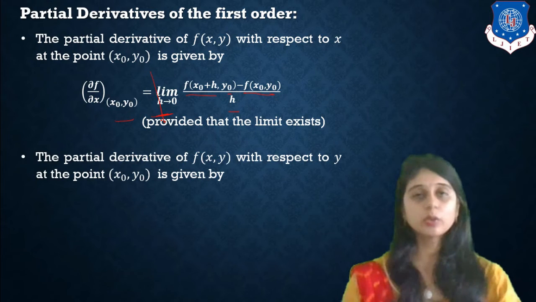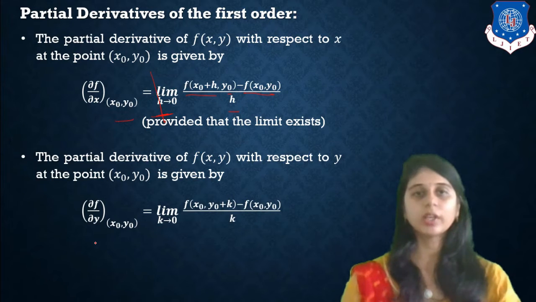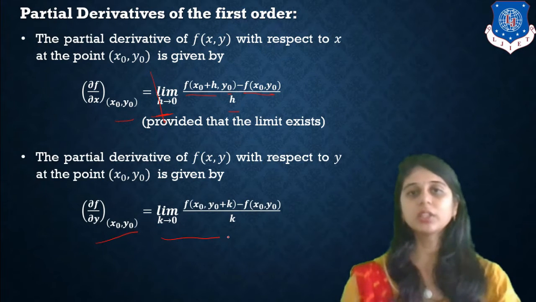Provided the limit exists. The partial derivative of f of x, y with respect to y at the point x0, y0 is given by del f by del y at x0, y0, equal to the limit as k tends to 0 of f of x0, y0 plus k minus f of x0, y0, upon k.